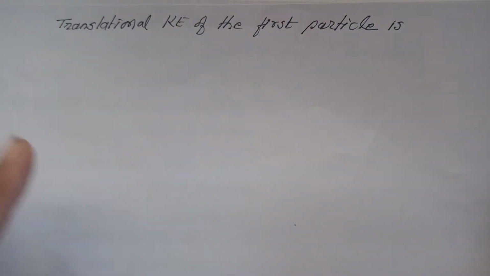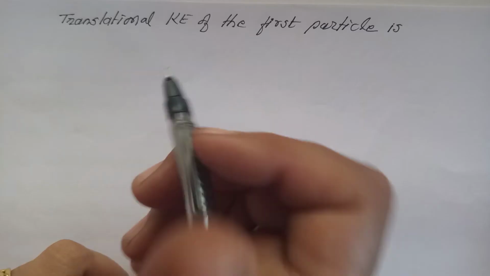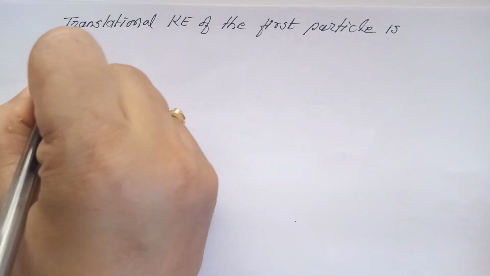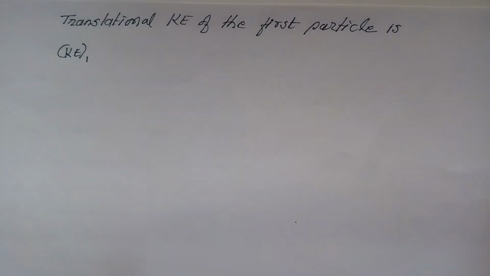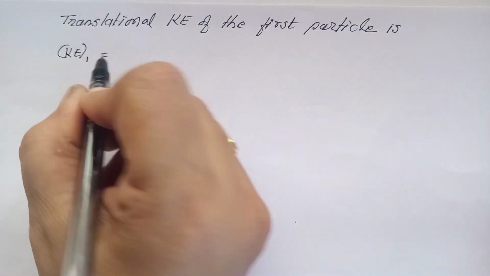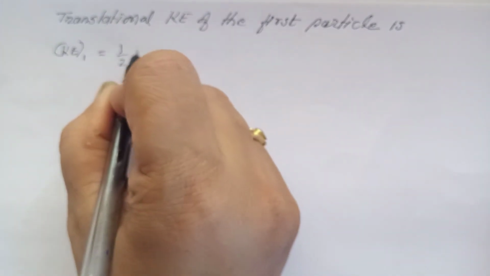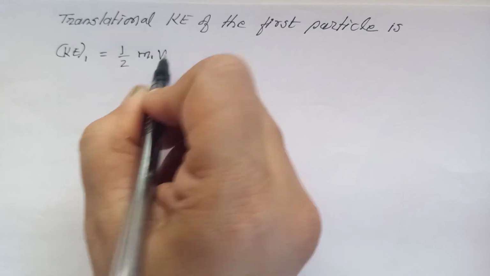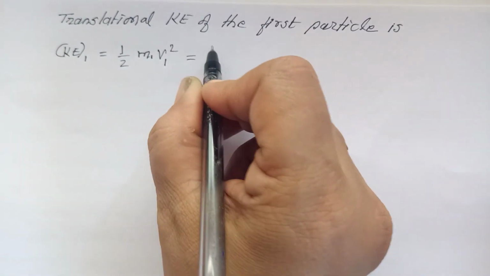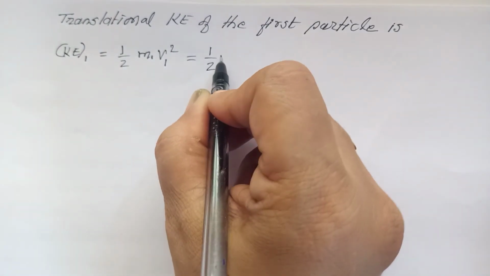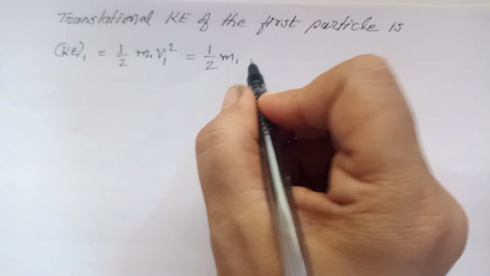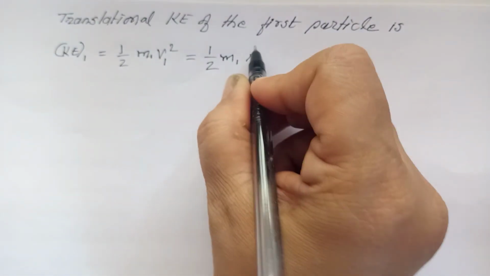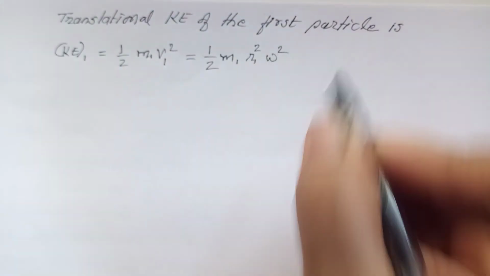It is the kinetic energy of the first particle, half m1 v1 square. So we can write here half m1. What is the value of v1? It is r1 omega. So its square is r1 square omega square.